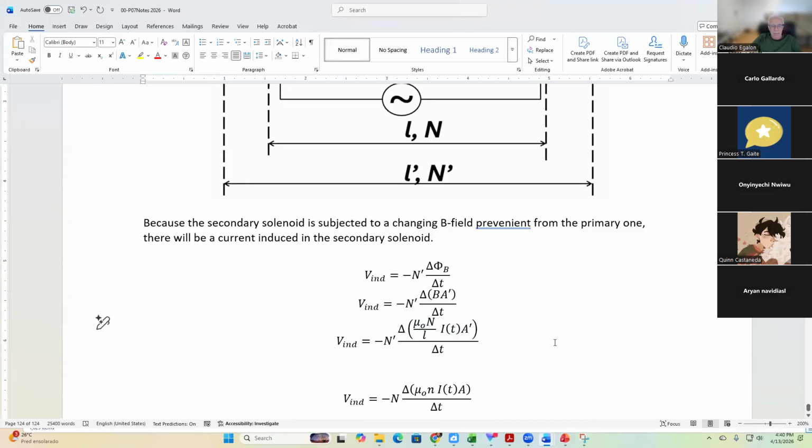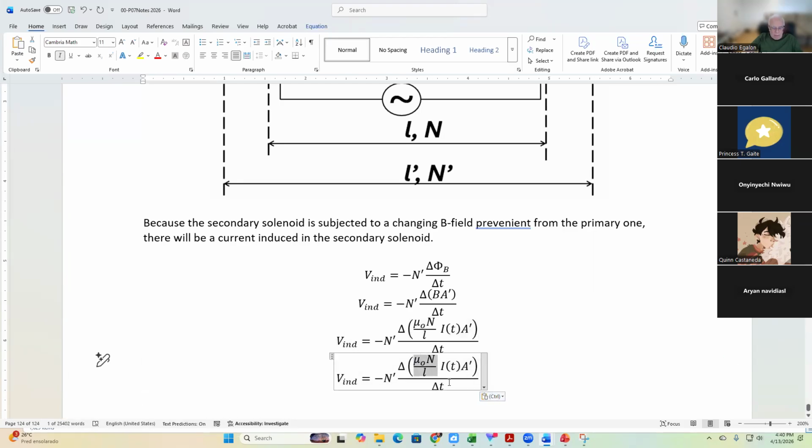Okay. We can go further. Here you go. I can take all that stuff from here and put it outside, because none of that is changing in time.